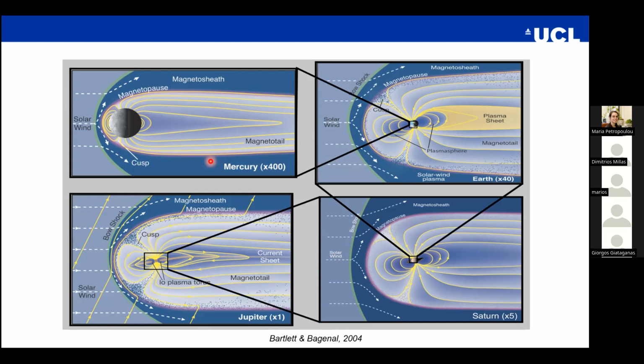So our first order approximation would be, okay, let's define the boundary, the bow shock or the magnetopause. We have the pressure of the solar wind, the dynamic pressure due to its velocity, and we also have the magnetic pressure from the magnetic field of the planet. So a first approximation would be that the magnetopause is located at the point where these two pressures are equal.